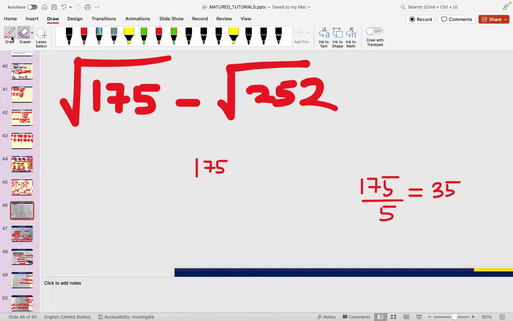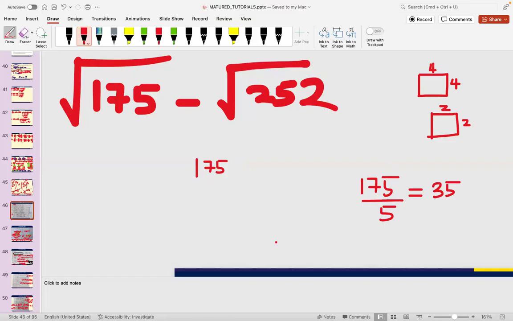Now, what is a perfect square? A perfect square is like a square in which the length and the breadth are the same. That's the perfect square he's talking about.